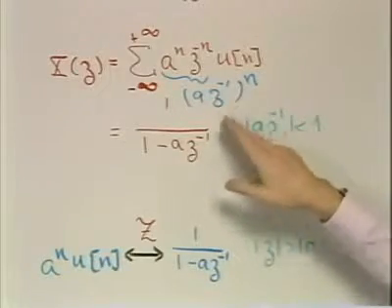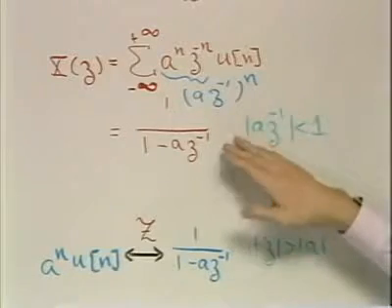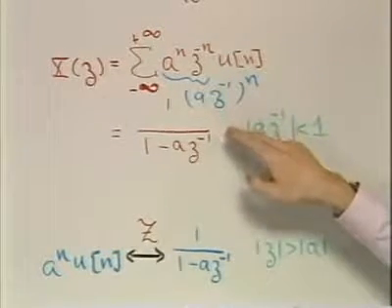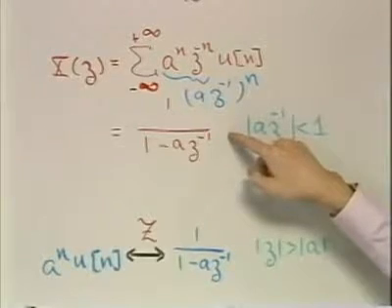Now, this z transform is the Fourier transform of the sequence a to the n times r to the minus n.